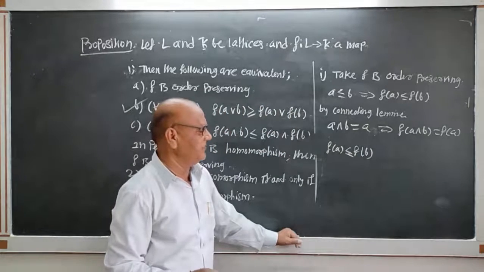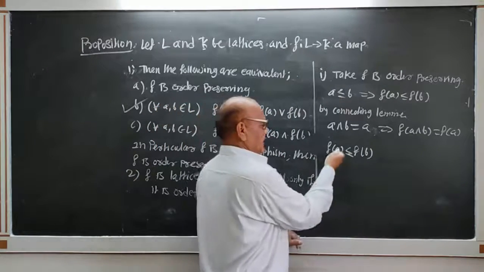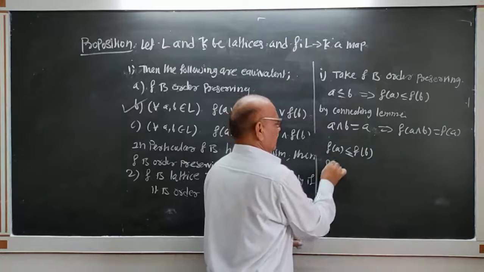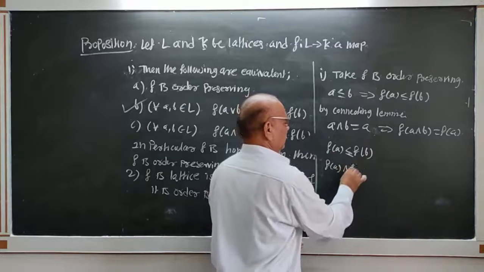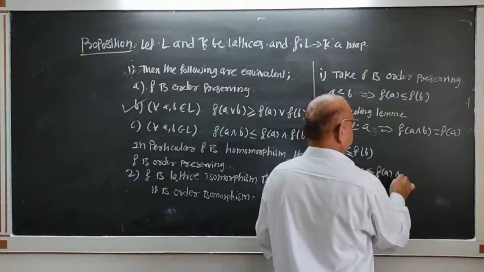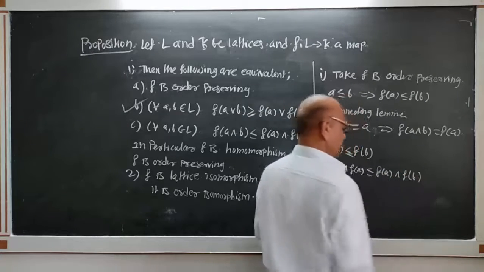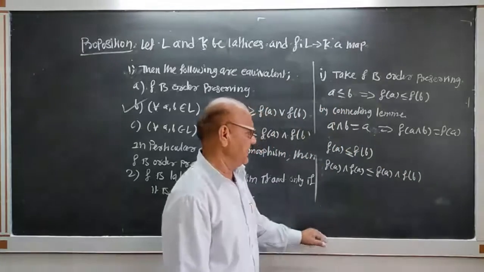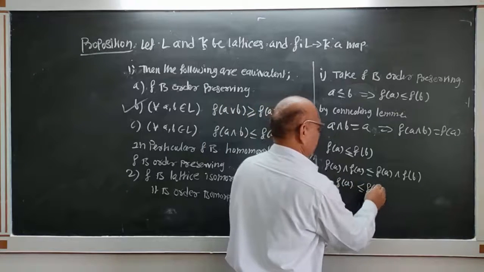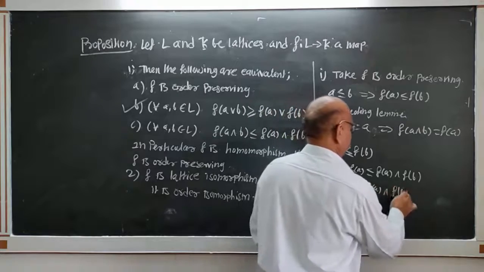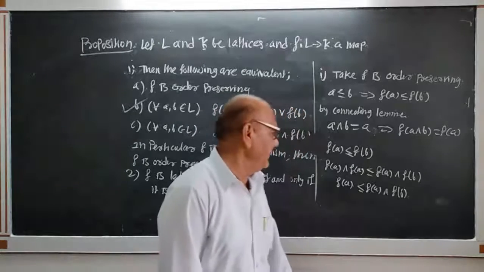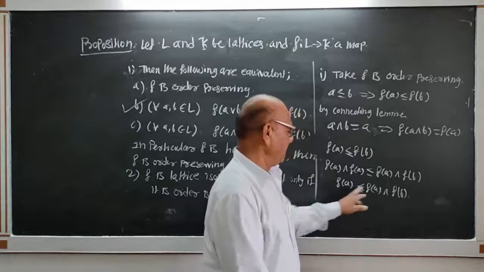f(a) is related to f(b). Take meet with f(a) on both sides. f(a) meet f(a) is related to f(a) meet f(b). This gives f(a) related to f(a) meet f(b).